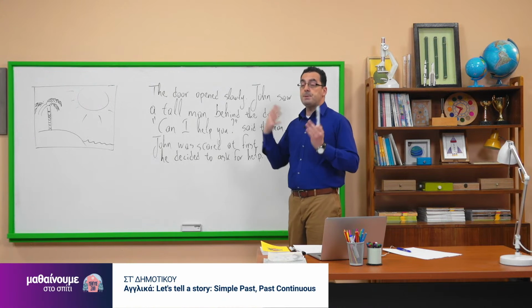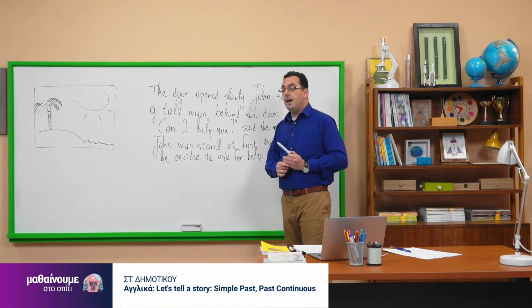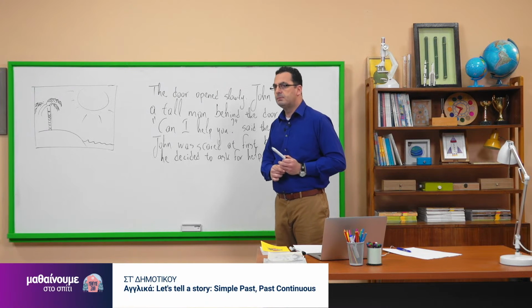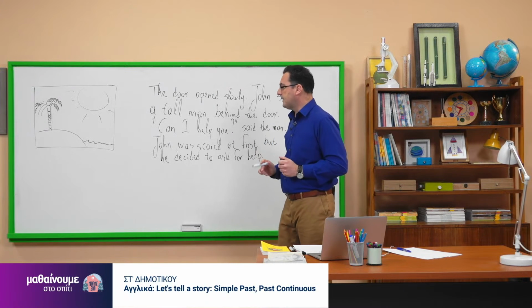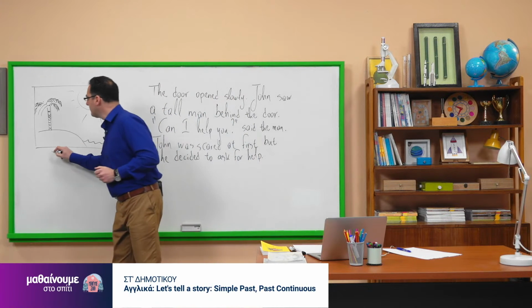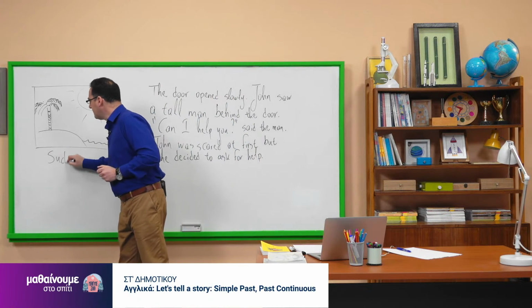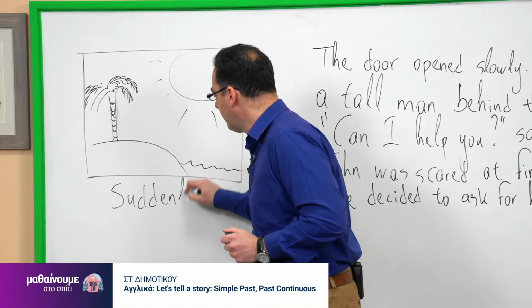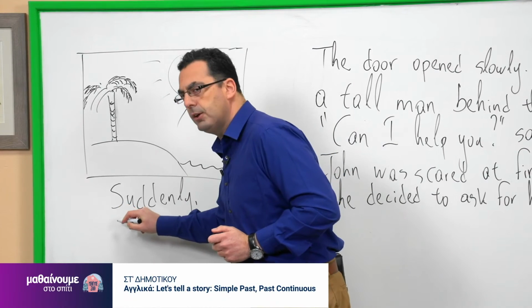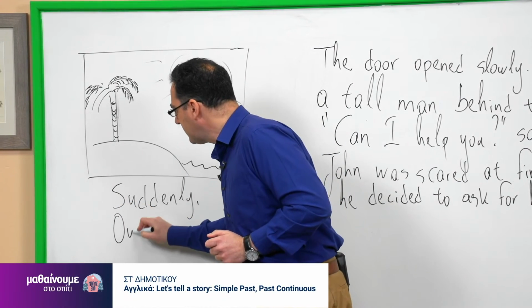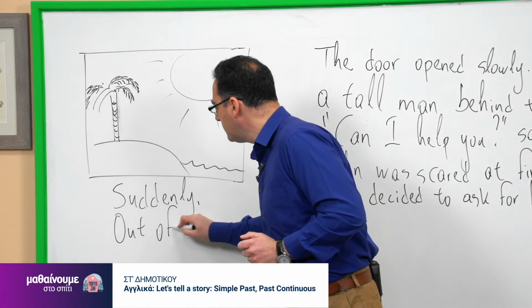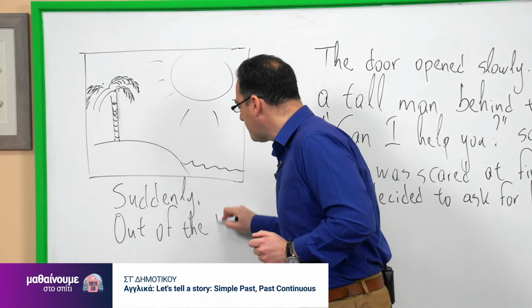Sometimes we want to give more suspense. How can we give suspense? We can use words like suddenly, which means ξαφνικά. We can use expressions like out of the blue, which means από το πουθενά.